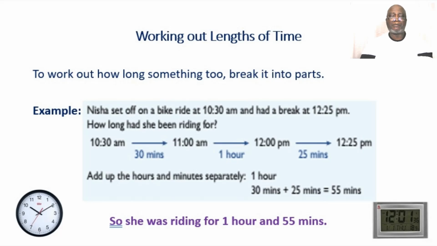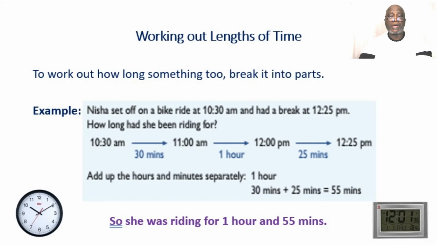You have to break the time into sections, and usually, depending on the length of time, you can break it down into hours, minutes, and so on. Now let's look at this. So starting point is 10:30 a.m. So 10:30 a.m. to 11 o'clock is 30 minutes.